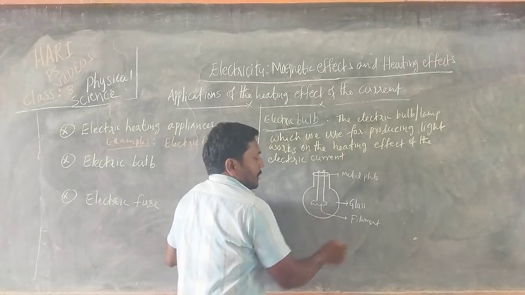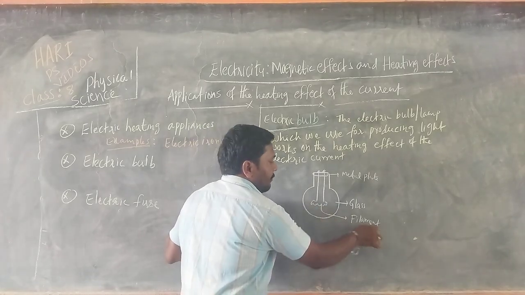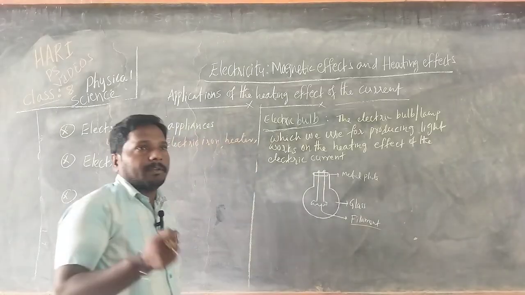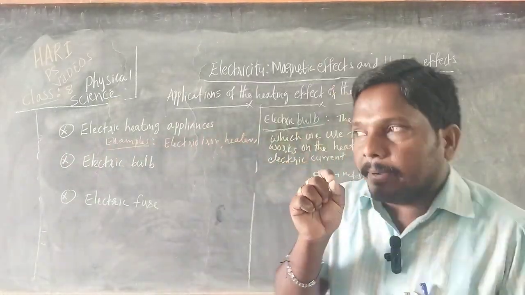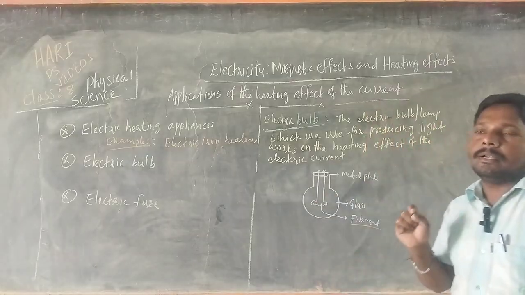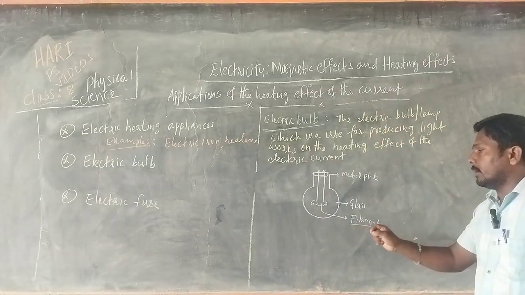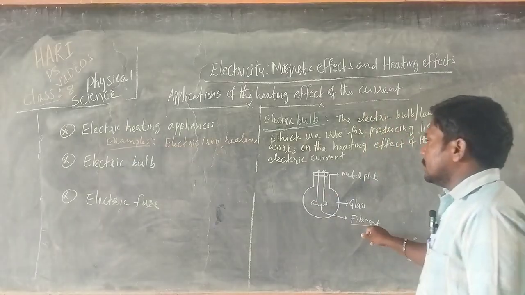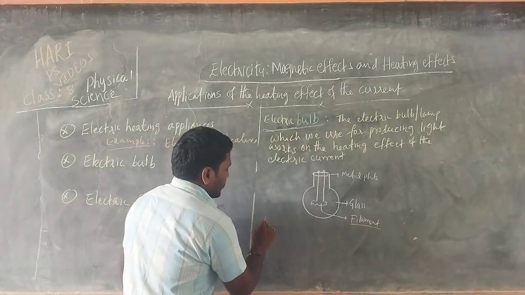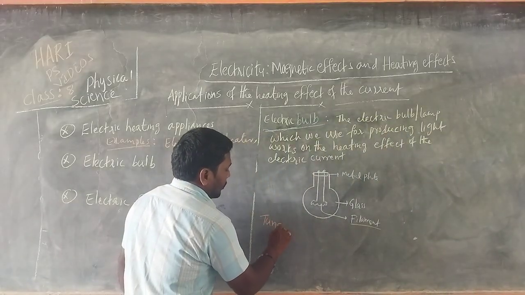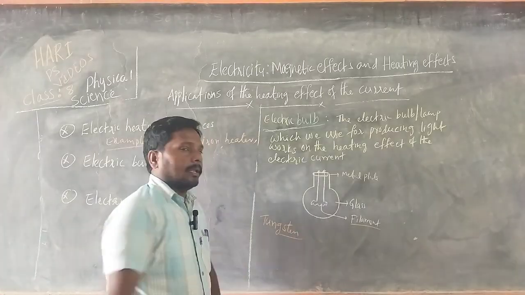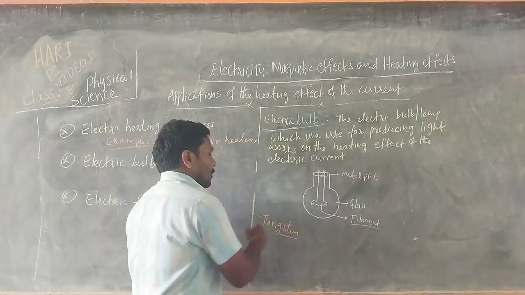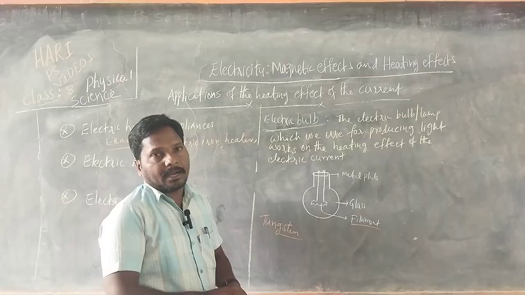The small thin metallic wire is called a filament. Generally, this filament is made from an element called tungsten. Tungsten is a metal, so it has high resistance.